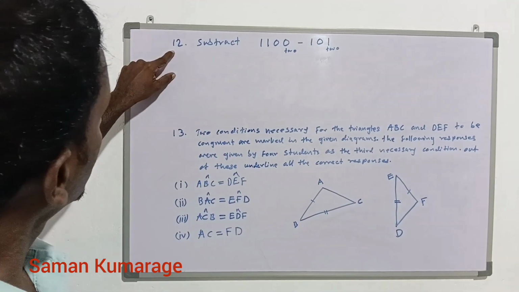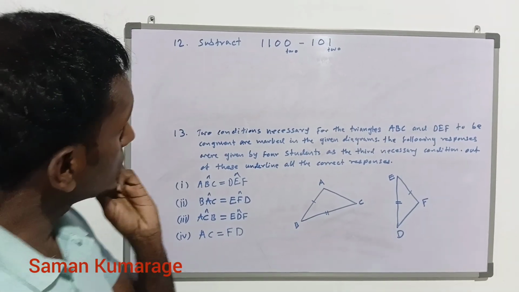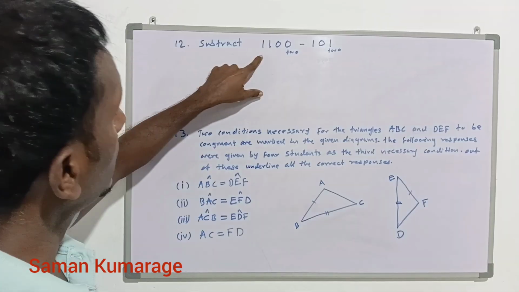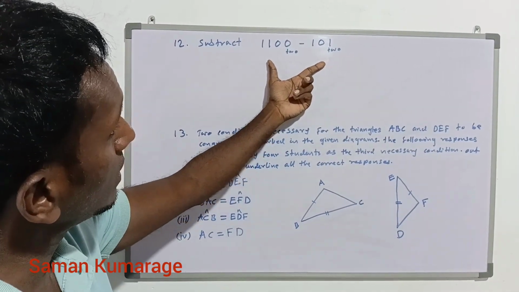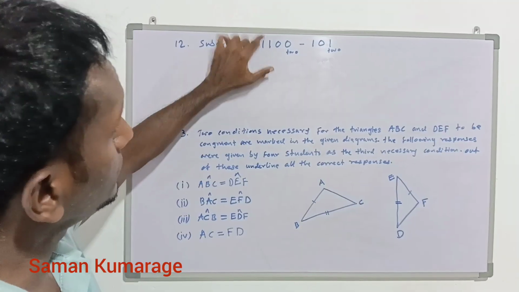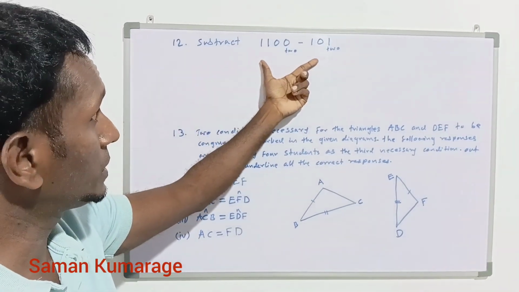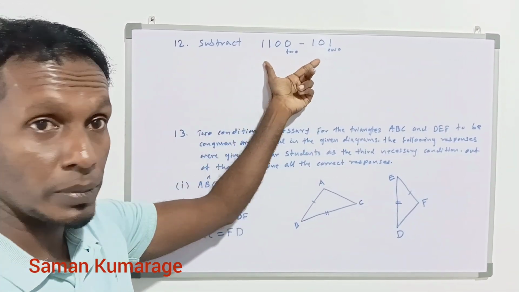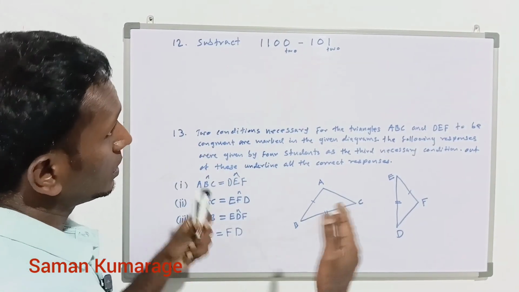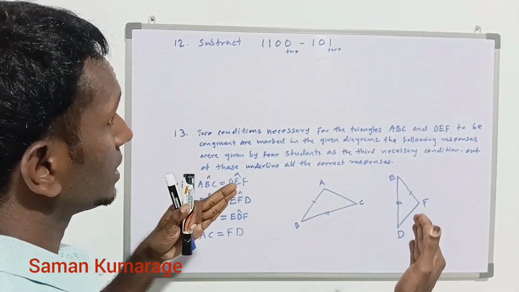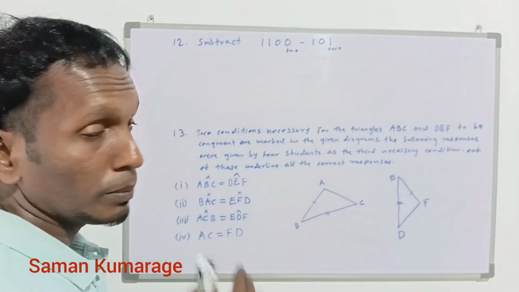Look at question number 12. According to question number 12, we have to subtract these two numbers. These two numbers are binary numbers. When we subtract base 2 numbers, we need to subtract starting from right to left, column by column.